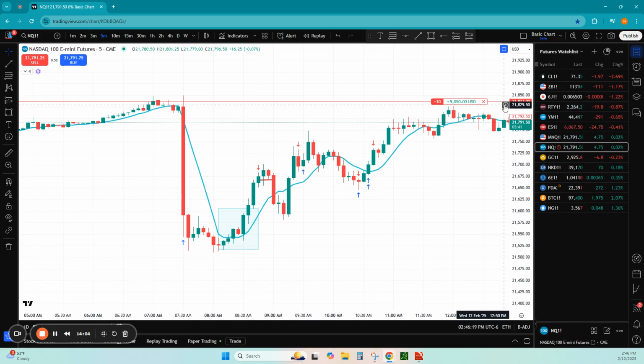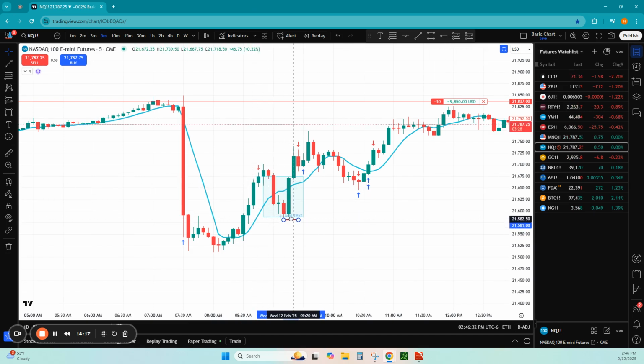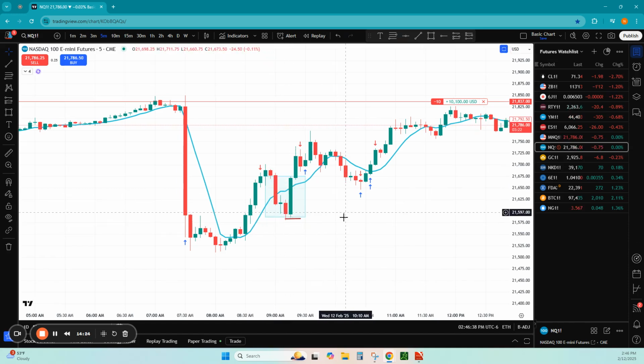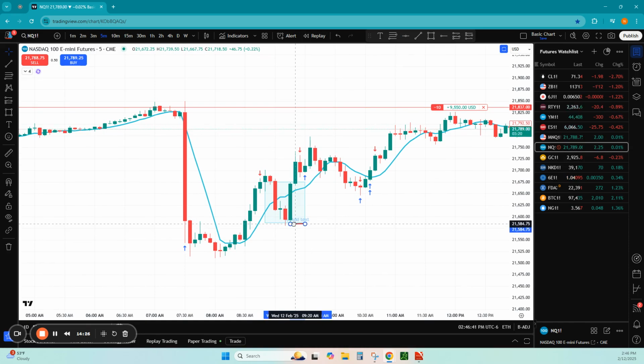If we're looking for longs, another idea would be after, right here, this candle, huge close above the 8-period moving average. Now, you're taking a big risk, because you got to put a stop below the move, below the swing low here, somewhere around here.